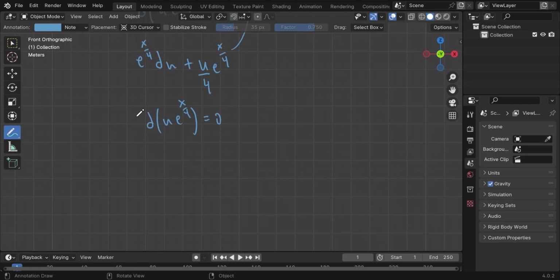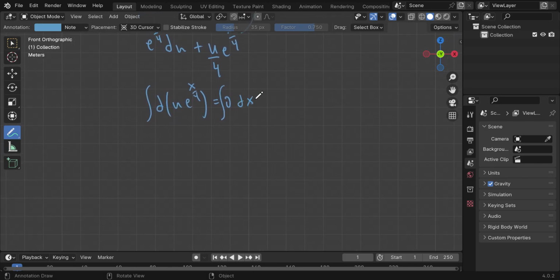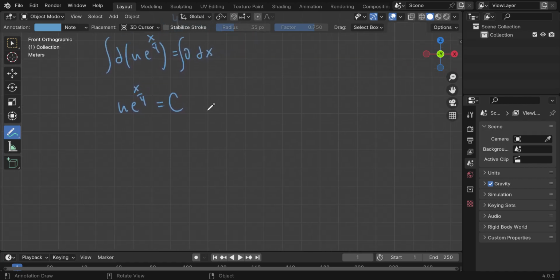And if we integrate both sides, and this will also be dx just for correctness, we have u e to the x over 4 equals some constant, basically 0 plus C, which is just C. Then if we want to get u by itself, it's C e to the negative x over 4.